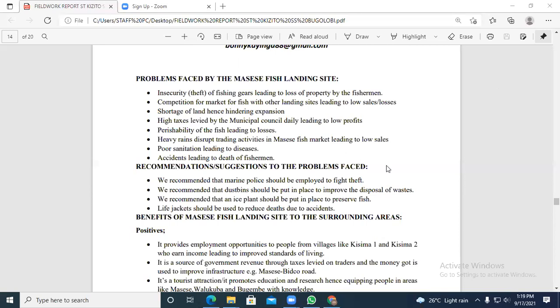Mukimba, give us one. Let's keep time. Yes, Stephen. We're about to finish. Mukimba, one recommendation.